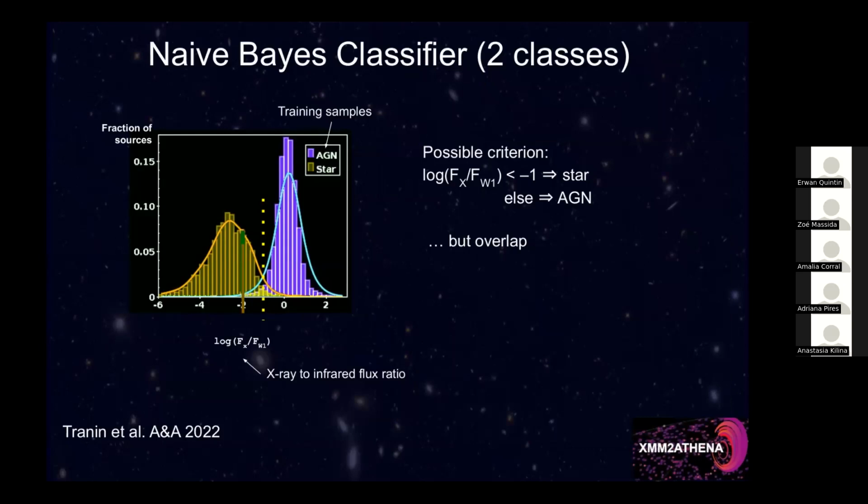Initially, if you want to distinguish, for example, between just two classes, AGN and stars, and you have this kind of distribution of the training sample for the X-ray to infrared flux ratio, you can say all sources below -1 are stars and all sources above are AGN, but the distributions are overlapping, so this is not a very good approximation.